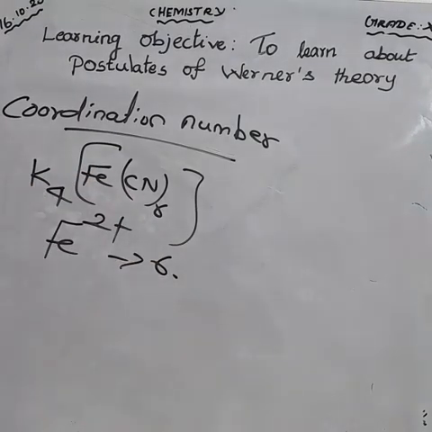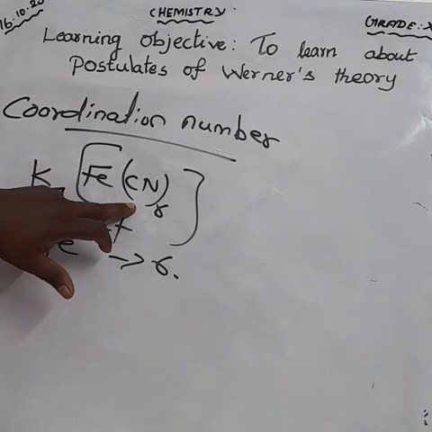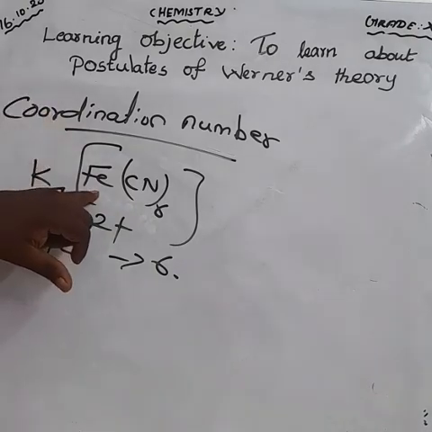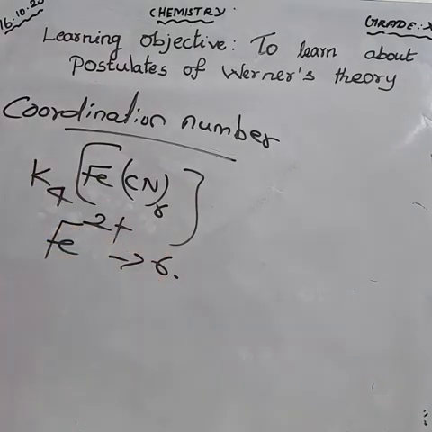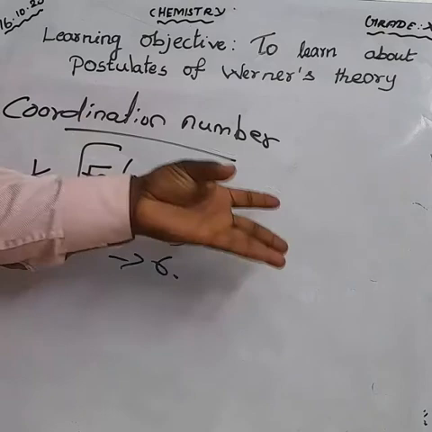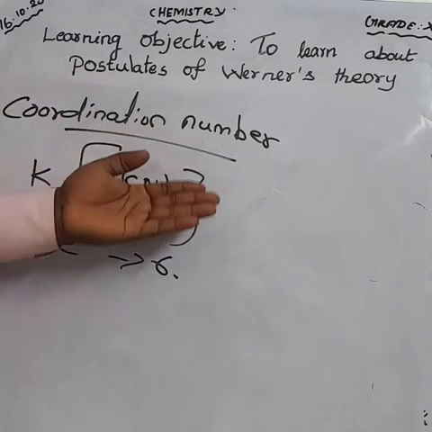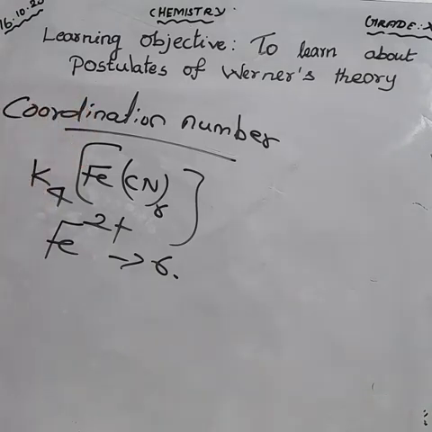Then we can give a definition. The number of ligand donor atoms bonded to the central metal ion in a complex is called the coordination number.